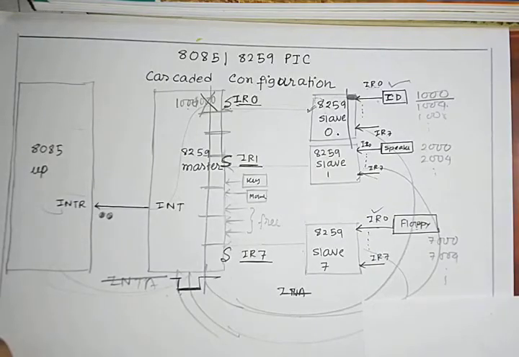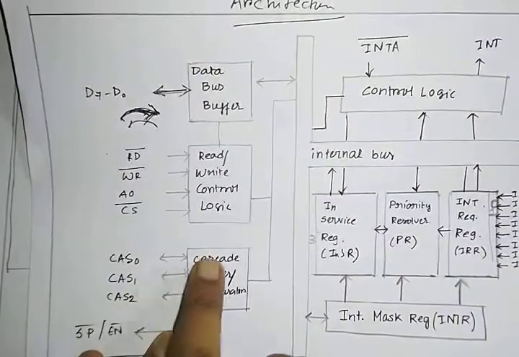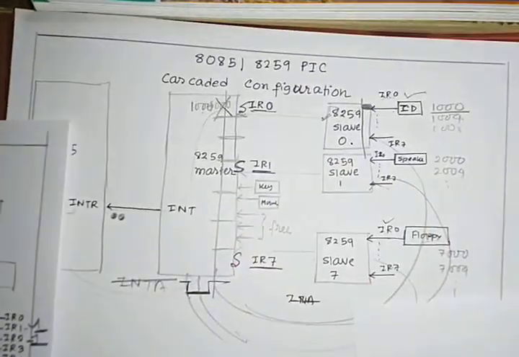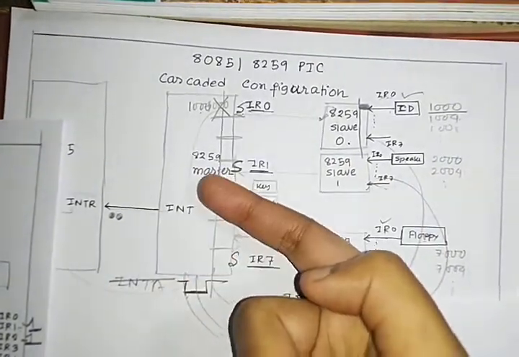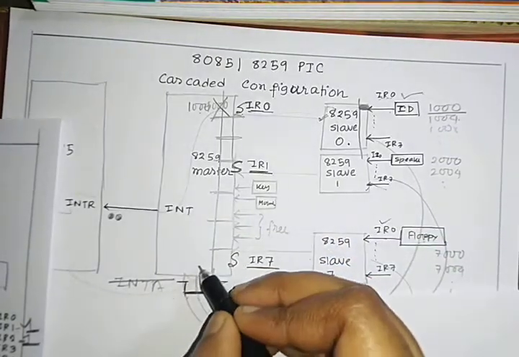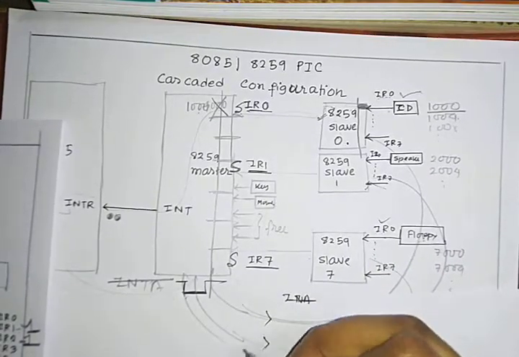Now, if you remember, these lines are bidirectional, but in this case, you know that the master is the one producing the signals. So the master is giving signals to the slave. So they are unidirectional.